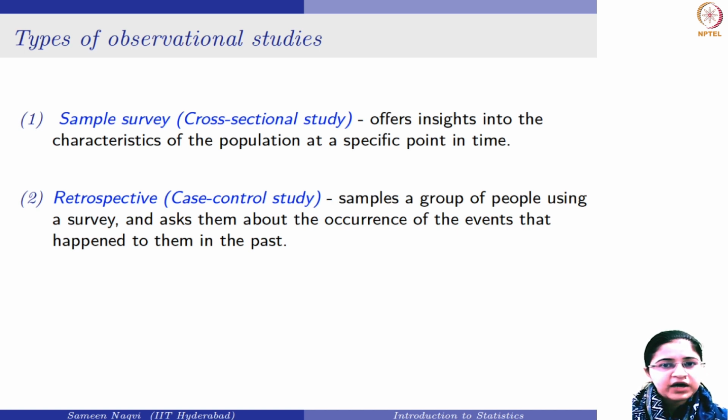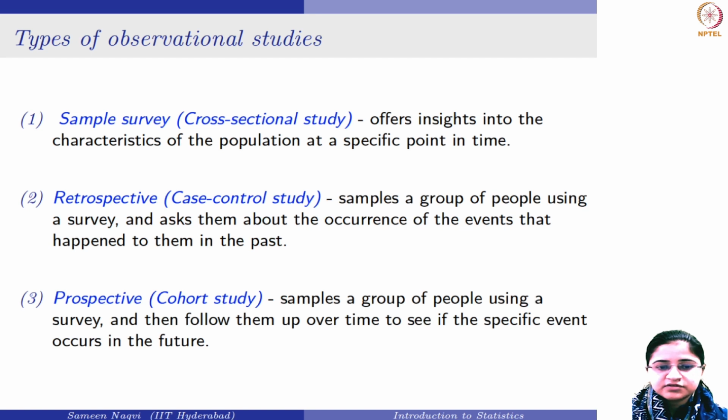So one group had lung cancer, so that is our case, and the other one which is free from lung cancer, that is the control group. So basically, if you relate that example to this, we collected a group of individuals, case group and control group, and then we asked them about what has happened in the past. So we are gathering data about those events and doing further analysis.